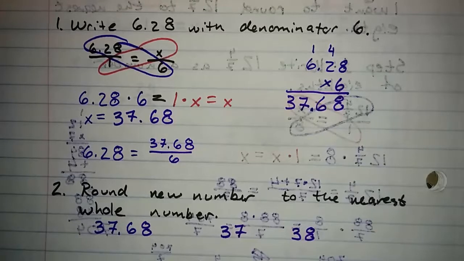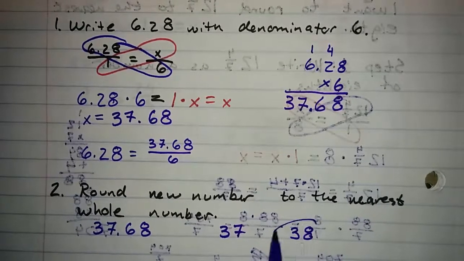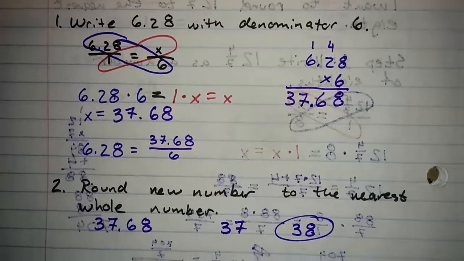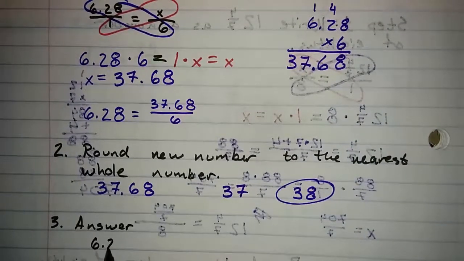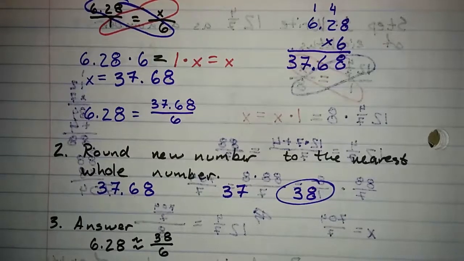This is a decimal, so I can just round it like a whole number, right? Next digit is a 6. We're closer to 38. So now I'm going to answer. My 6.28 is about equal to 38 sixths.